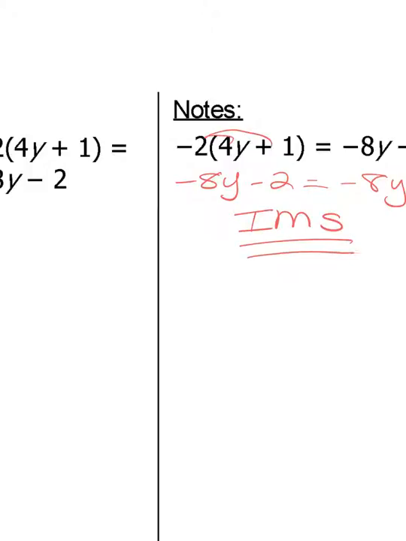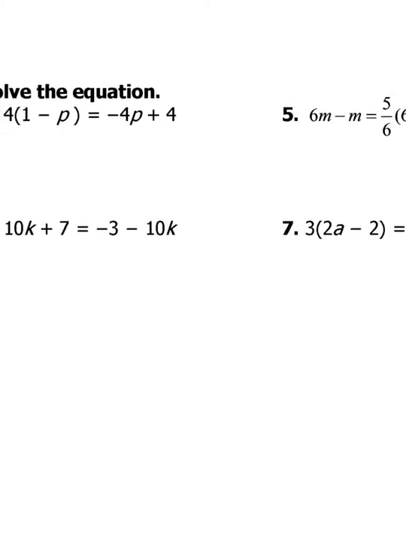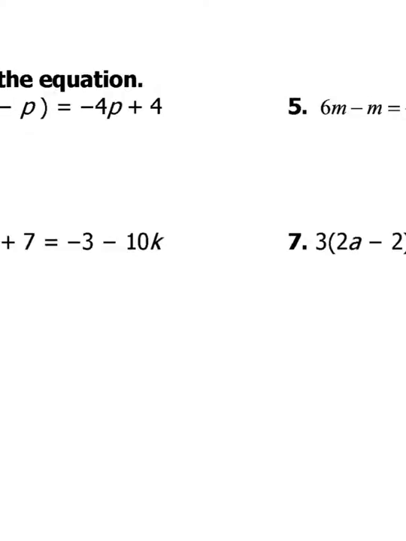And you can too. Questions on that one? Concerns? Comments? All right. So you can practice these. Give it a try. You're welcome. I just want you to flex your math muscles.